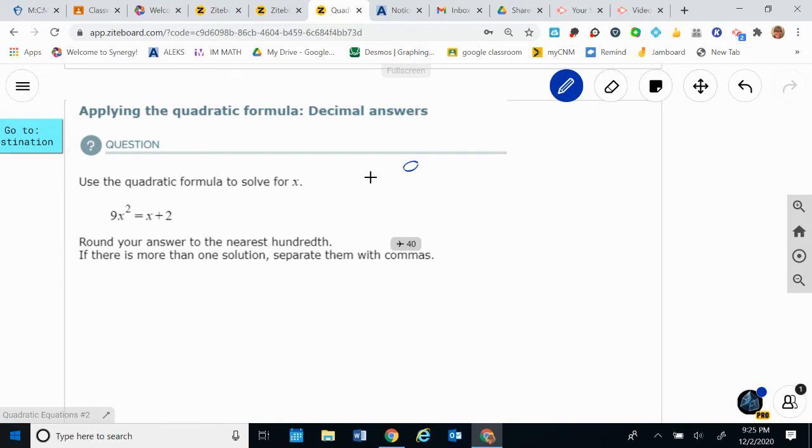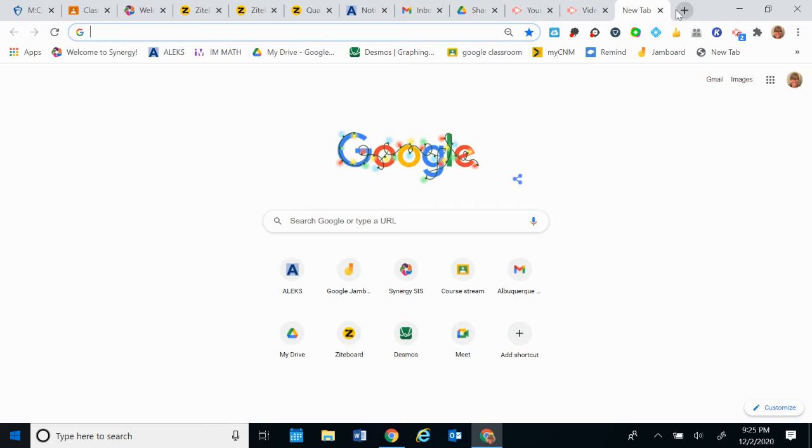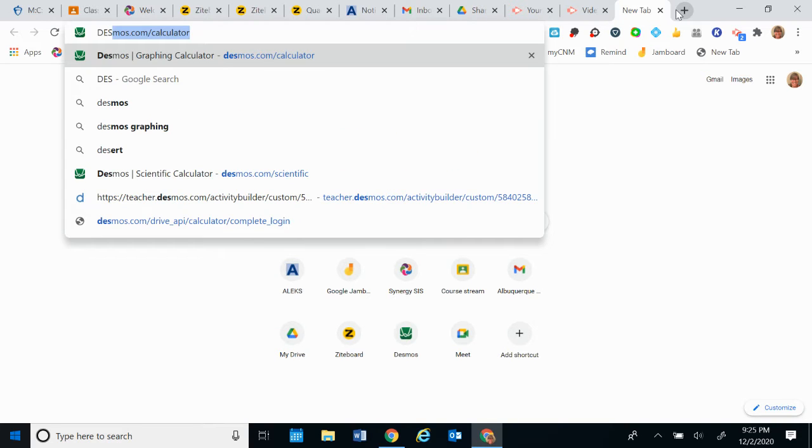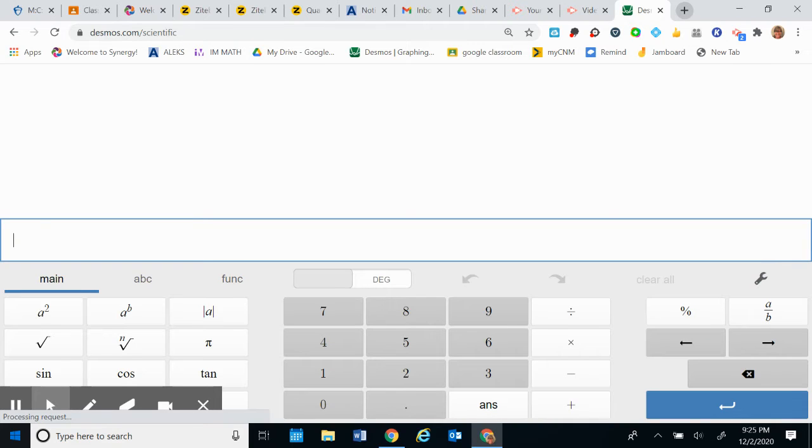It said decimal answers. Well, you have to plug that into a calculator, okay? So if you go on to Desmos, which is not up for some reason, let me get Desmos up. No, not, oh, hey, I got Desmos Scientific. That was weird.